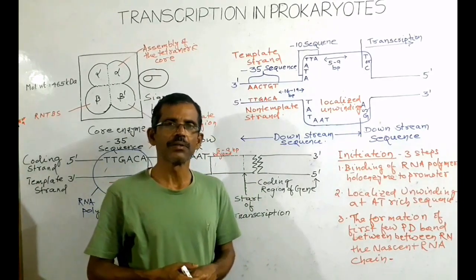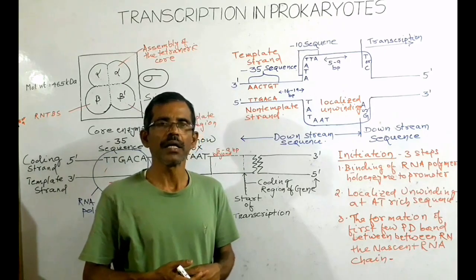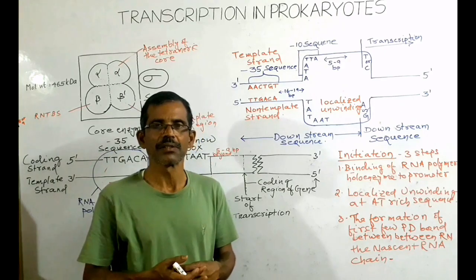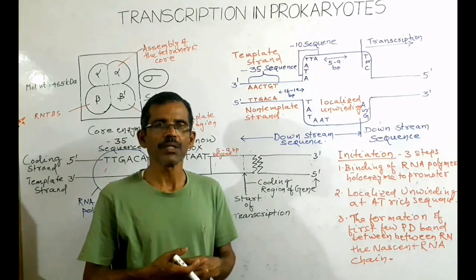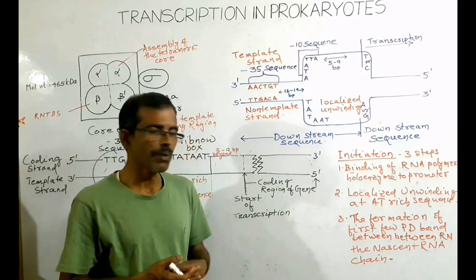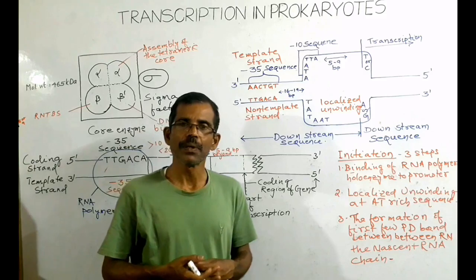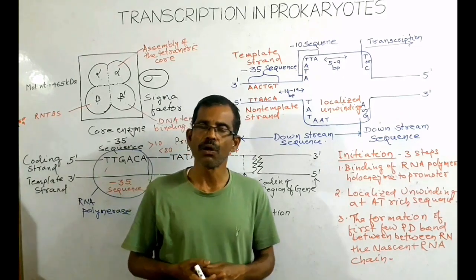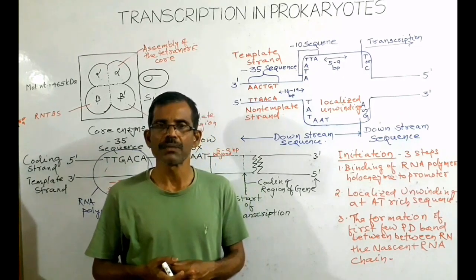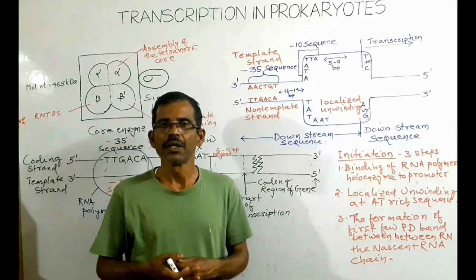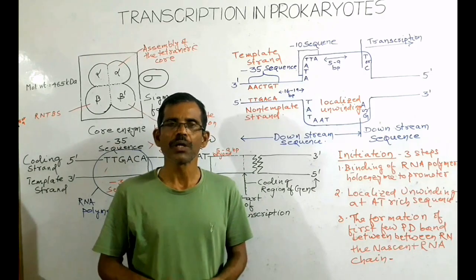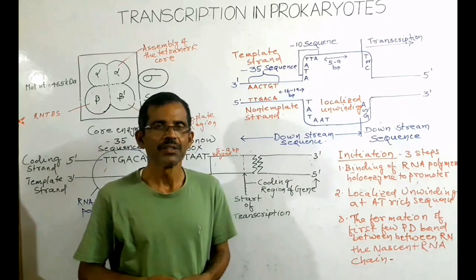Second step is localized unwinding of the AT rich sequence that leads to the formation of the transcription bubble. Third step is the formation of the first few phosphodiester bonds between the incoming ribonucleotides of the nascent RNA chain.